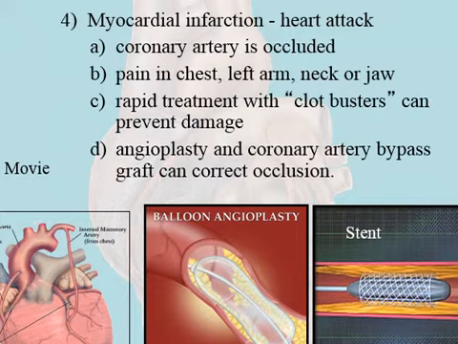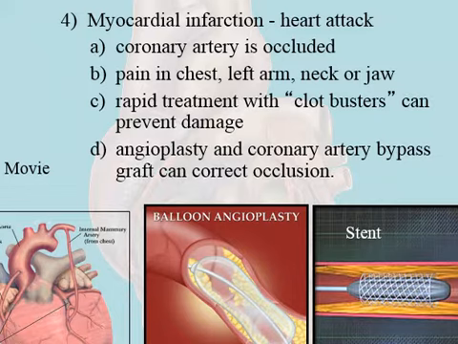And this diagram is trying to show you what occurs here. So here's a coronary artery that's blocked with plaque. They'll take a vein, very commonly from the leg, the saphenous vein. They'll harvest that, so they'll tie it off at the top and the bottom, and cut the vein out. This is generally done by cracking the chest, opening up the chest, although they are starting to do this through little ports.